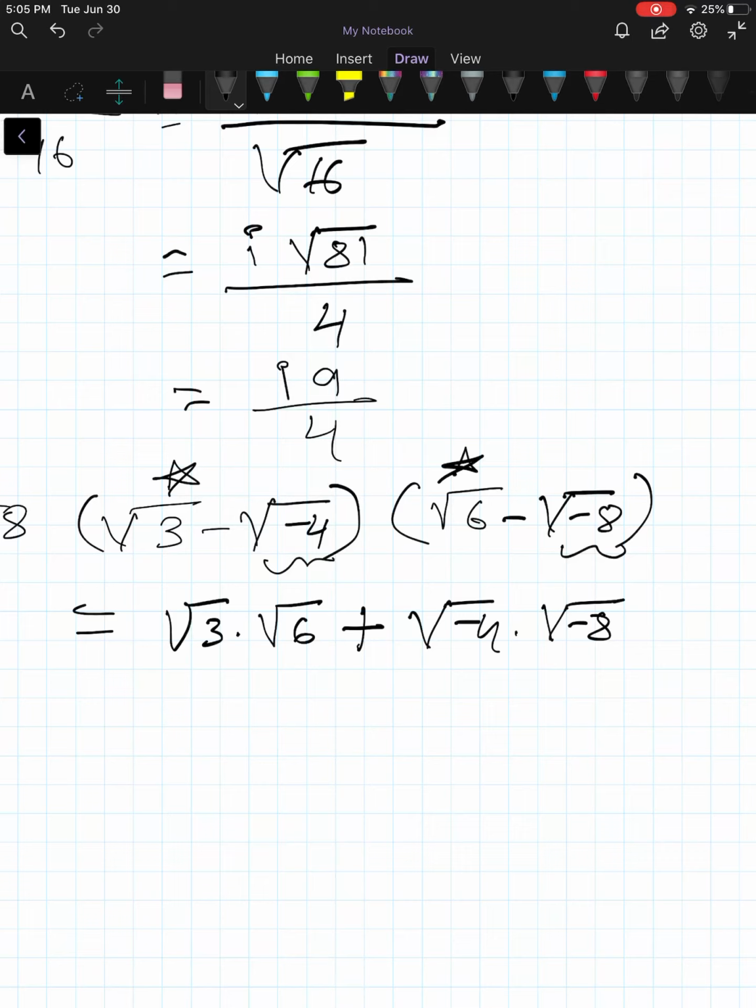So then inner terms. Okay, so inner terms are these, that is nothing but negative of square root of negative 4 times negative square root of 6. So that would be positive square root of negative 4 times square root of 6. Then the last terms are these.